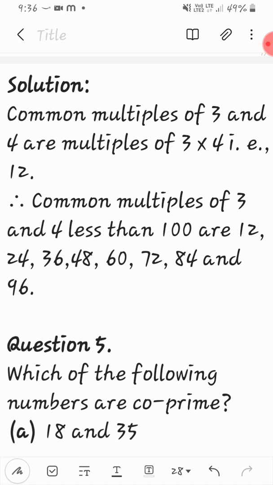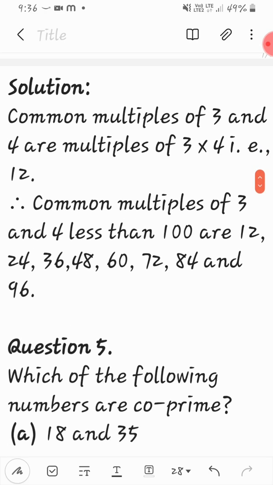We can multiply: 3 into 4 is equal to 12. If we write the multiplication table of 12 till we get 100 or less than 100, those answers are the same. If we do it separately, multiples of 3 one time, multiples of 4 one time, till 100, and then find the common multiples, we will also get the same answer.